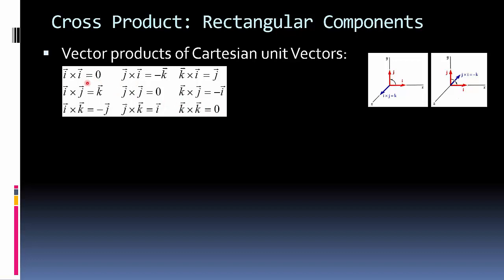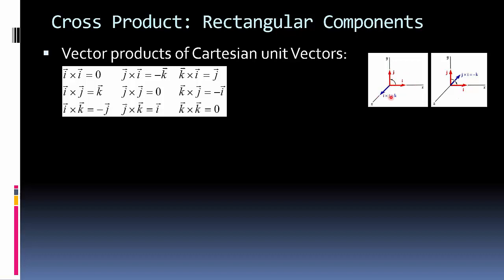Now, for the other ones, you're going to have the sine of 90, which is going to be plus or minus 1, depending on the angle. Well, the sine of 90 is always 1, but it depends on whether it's plus 90 or minus 90. And what you're going to find is i cross j is equal to k. So does this make sense? Look over here. For i cross j, you put your fingers along the x direction, you close your hand towards the y direction, and your thumb is pointing in the positive z direction.